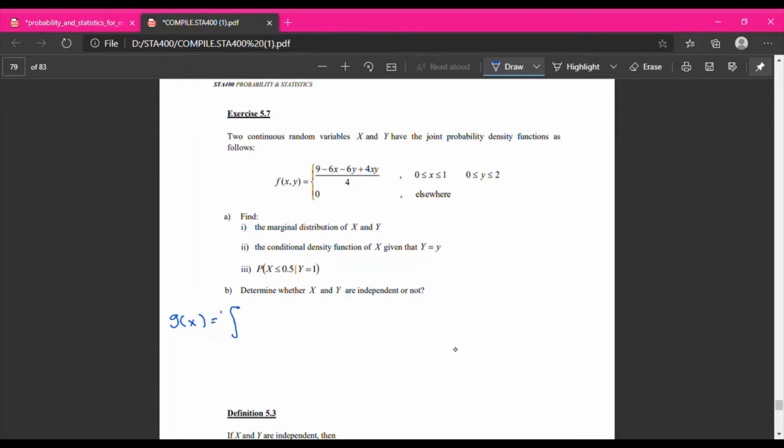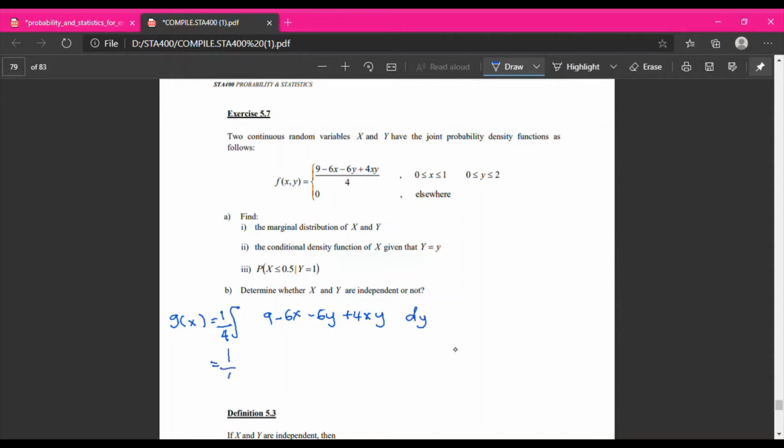I put 1/4 outside because 1/4 is a constant. 9 minus 6x minus 6y plus 4xy, no need to divide because it is placed outside, with respect to y.